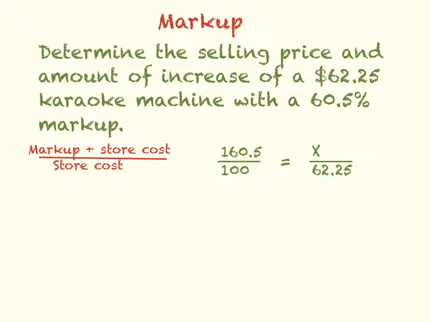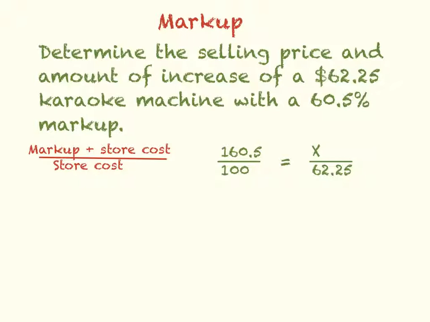So I have put in here what you need to have so that you can solve the proportion, so you can set it up correctly and solve it. I wrote markup plus the store cost, meaning what did the store pay for their item, plus what did they mark it up, gives you all over the original store cost. Since the store cost is 100%, their cost was 100% of what they paid, right?